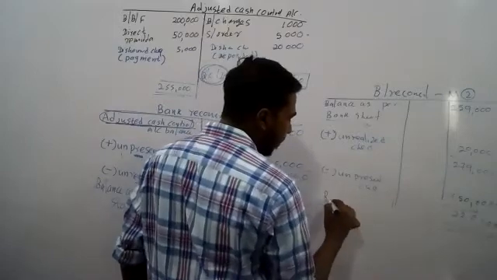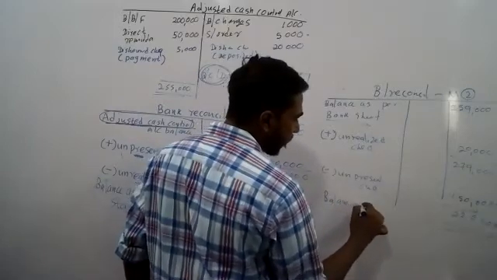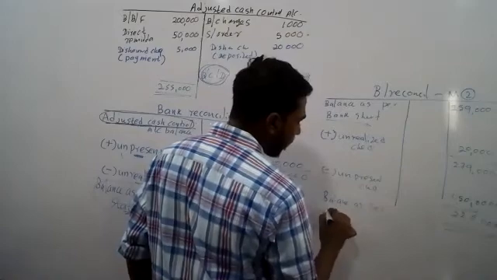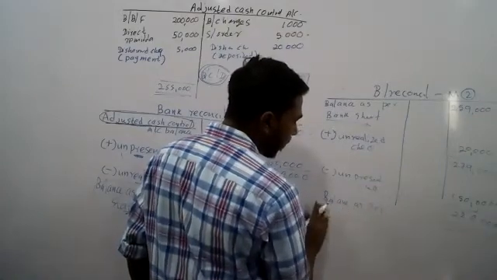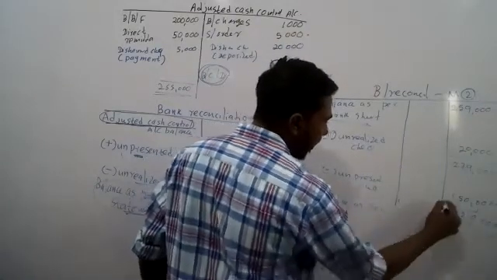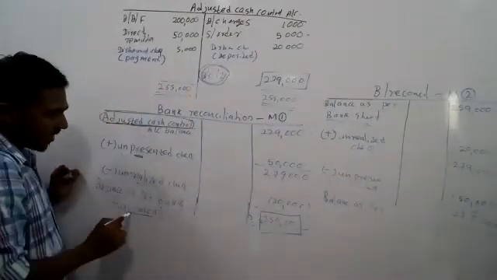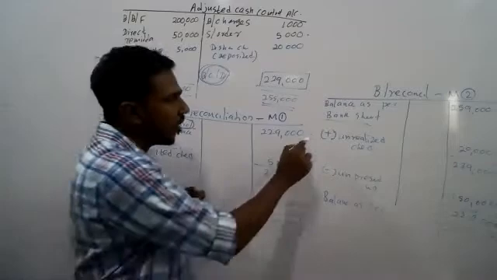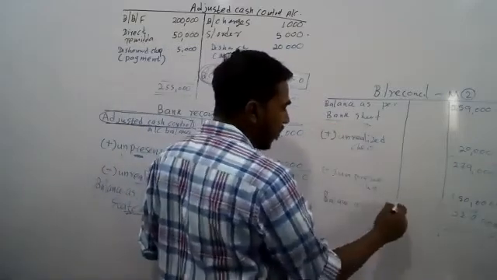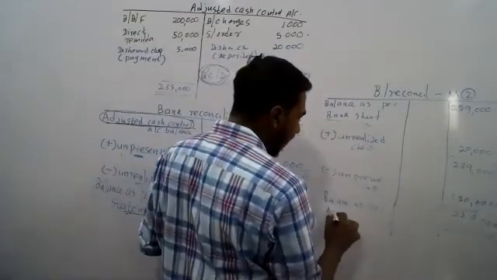So this is balance as per 229,000. Look here at the difference. Here you started from adjusted and came to bank statement. Here you start from bank statement and came to cash control.